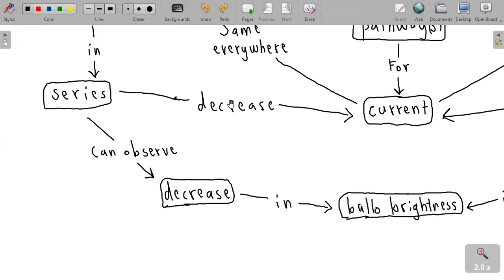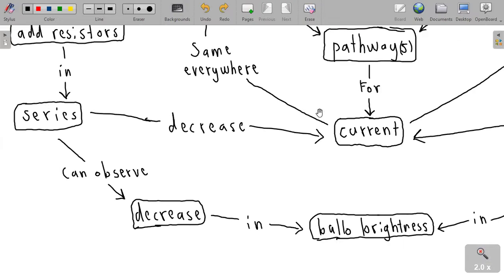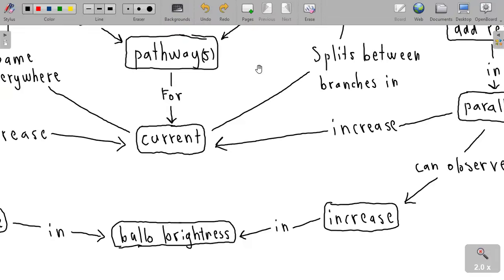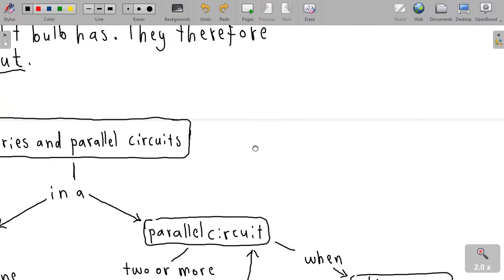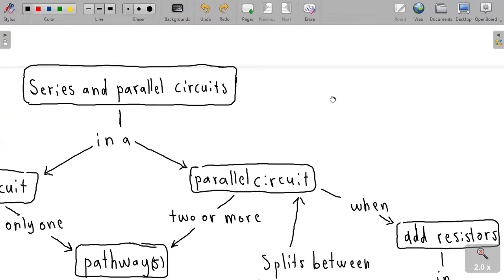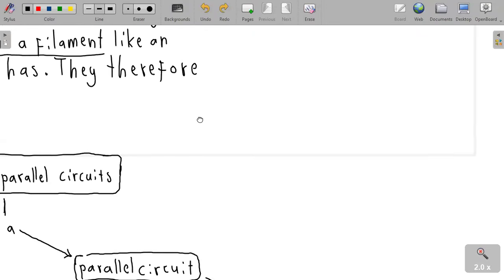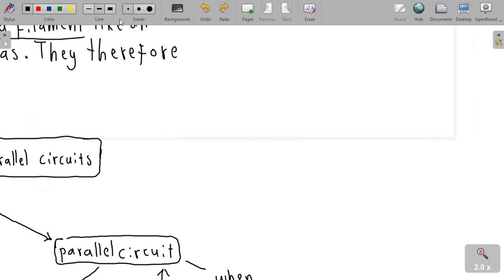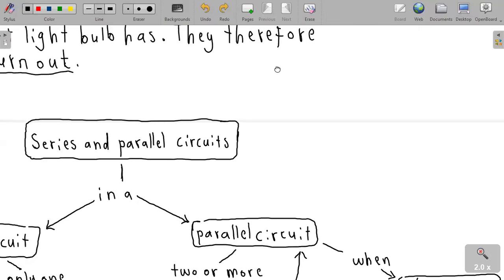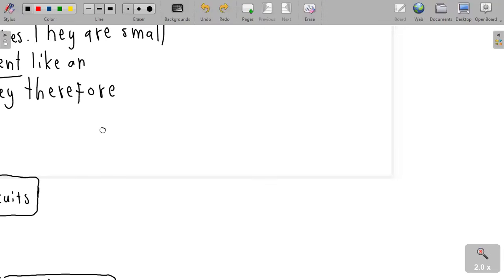Now, another important thing that I should include in the summary is that this is applicable to both series and parallel circuits.